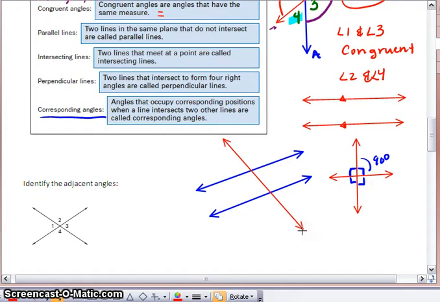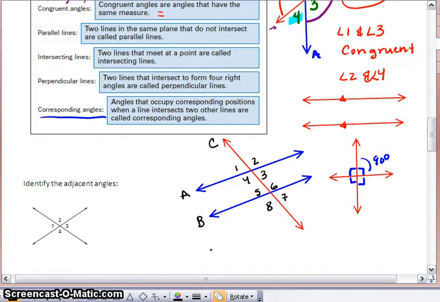And then I'm going to label my angles. So 1, 2, 3, 4, and then 5, 6, 7, 8. So let's label these lines. Let's call this A, B, and C. So each of these lines has a name.